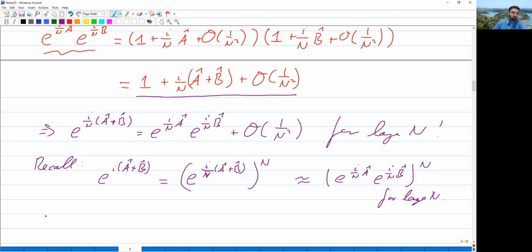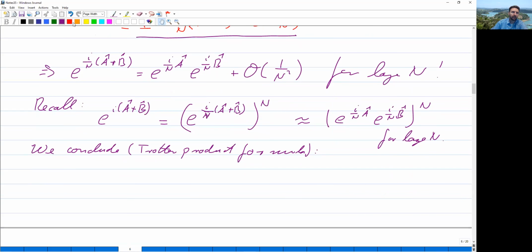And what we see here, we conclude, and this is the Trotter product formula, we conclude that the following is true.